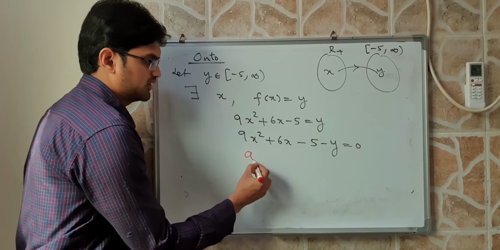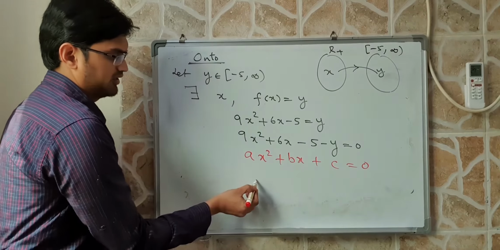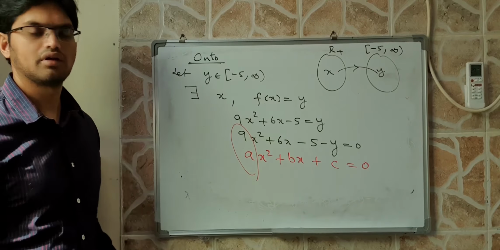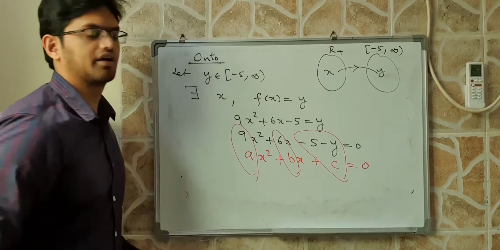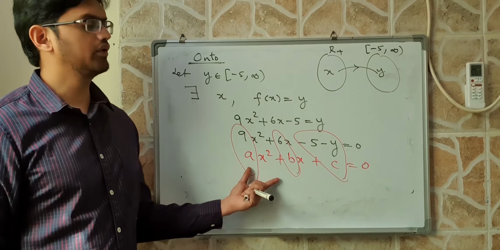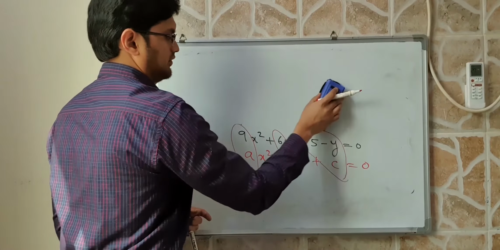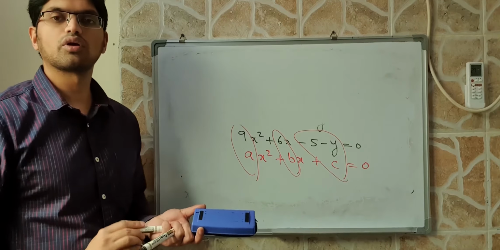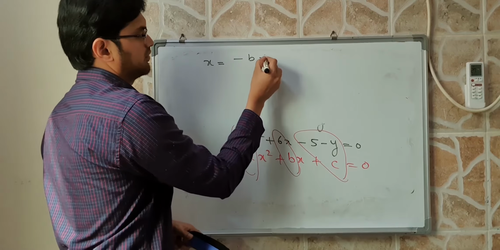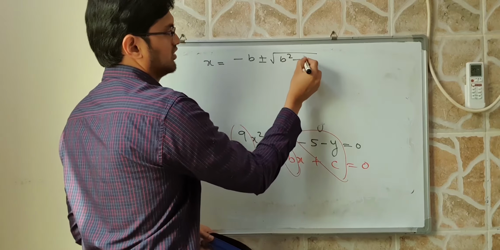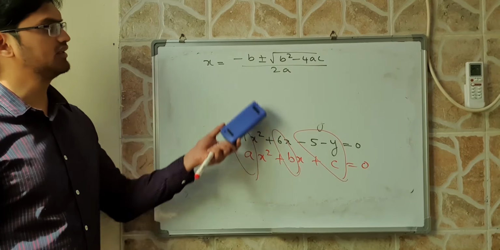If I compare this with ax squared plus bx plus c equal to 0, a is 9 for me, b is 6 for me and c is this entire thing. So what is the solution for a quadratic equation? We know that the solution for a quadratic equation is x is equal to minus b plus or minus square root of b squared minus 4ac, by 2a.